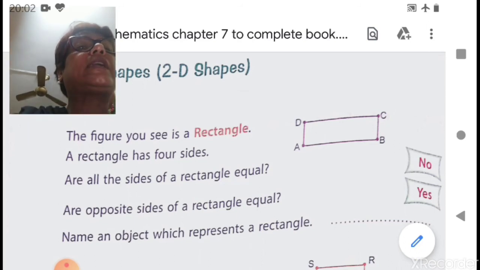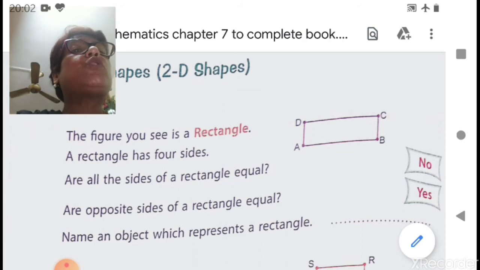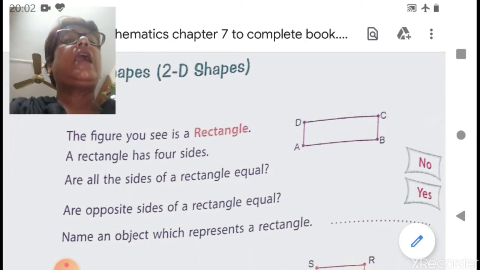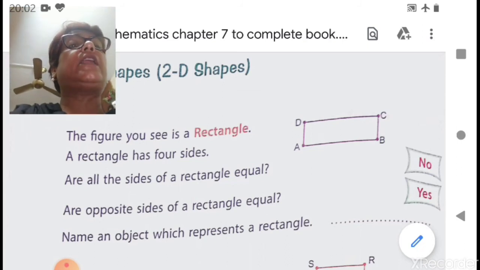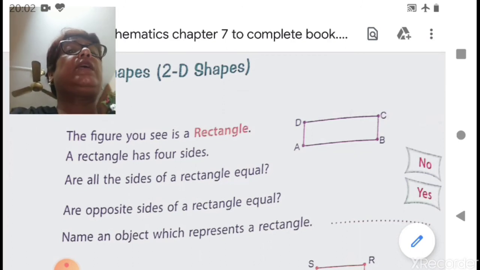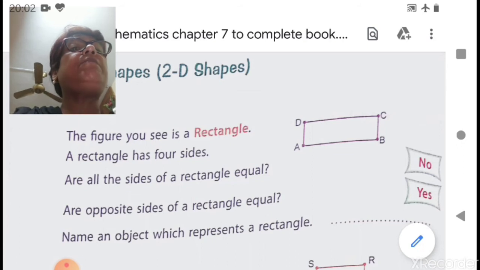So a rectangle has four sides and four corners. A, B, C and D are four corners. Okay, and opposite sides in a rectangle are equal. Opposite sides are of the same length. So in this, AB and CD are of same length. Okay. So are all sides of a rectangle equal?